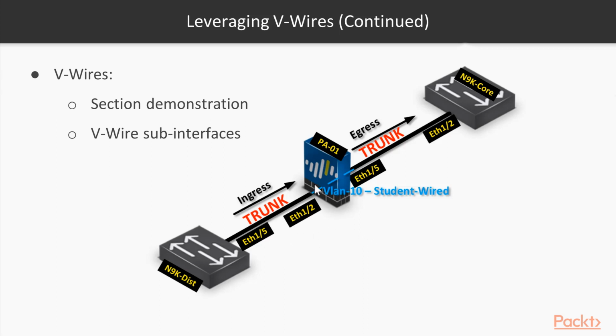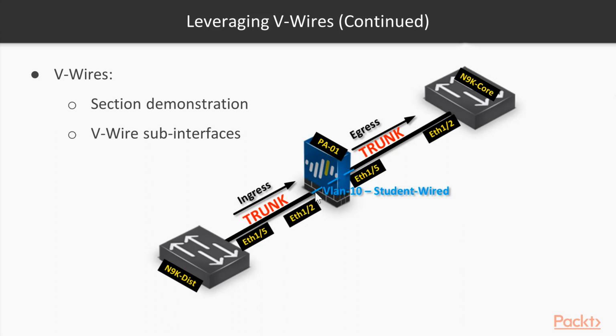We're going to configure this in virtual wire mode, and then once we have that, because this is a trunk, we're going to make a sub interface and tag it on VLAN 10. So we then can police that particular VLAN whilst leaving the other VLAN still flowing without issues. So we want to make sure that we police VLAN 10 by creating a virtual wire sub interface on the same physical virtual wire interface.